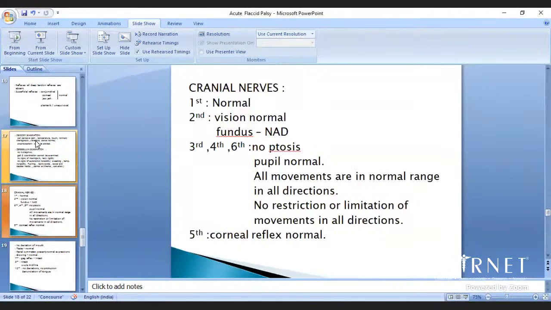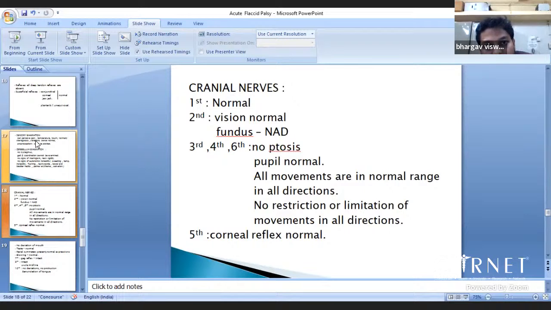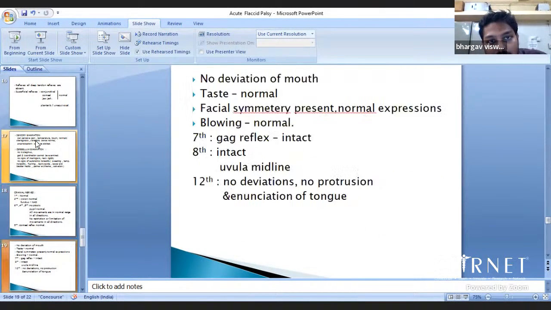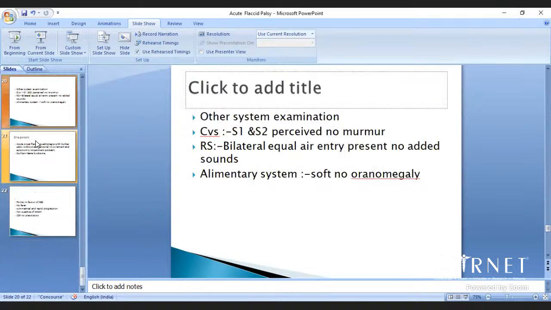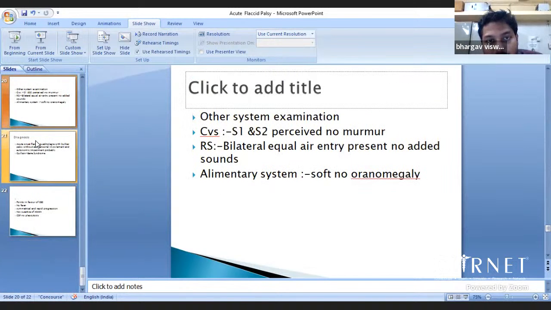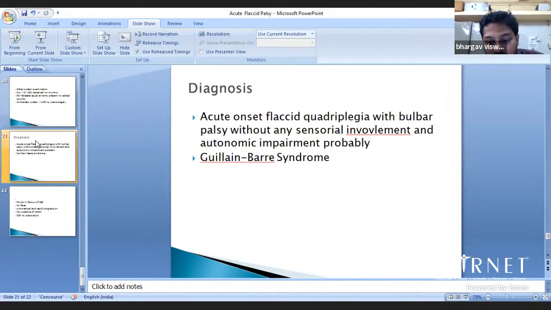Coming to cranial nerve examination, almost all cranial nerves were found to be normal. Other system examinations are essentially normal, like respiratory, cardiovascular, and abdominal systems. Coming to the last, the diagnosis part.